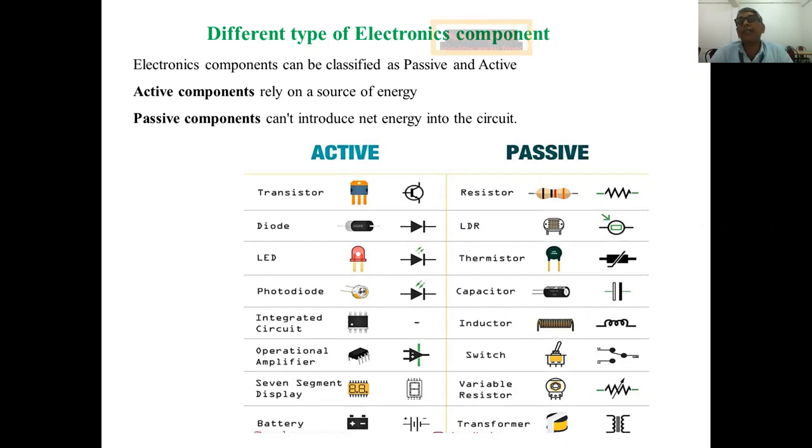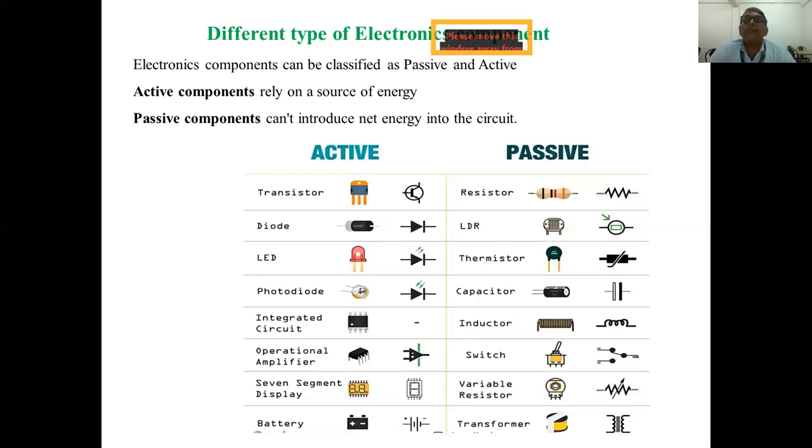Whereas active components are quite different from passive. Active means it generates a voltage, it generates energy, and it is used in electronic circuits for different purposes. All this you are going to study in the entire Electronics 1.